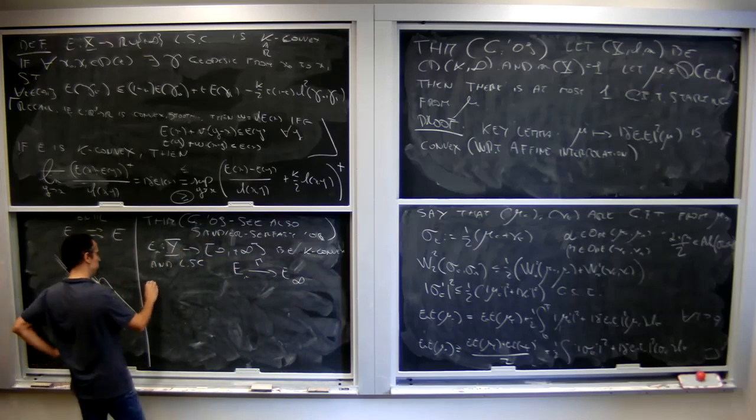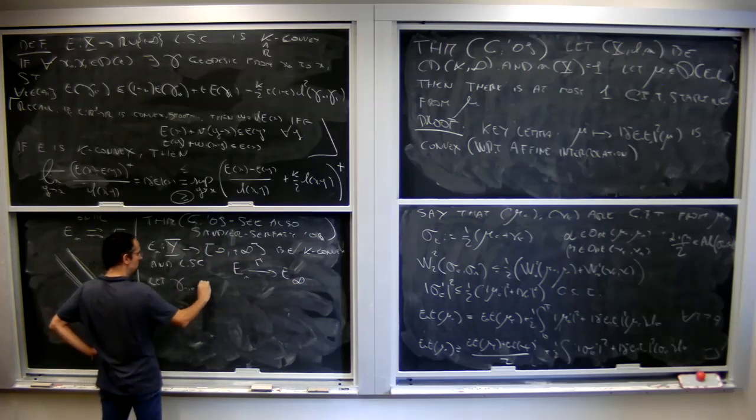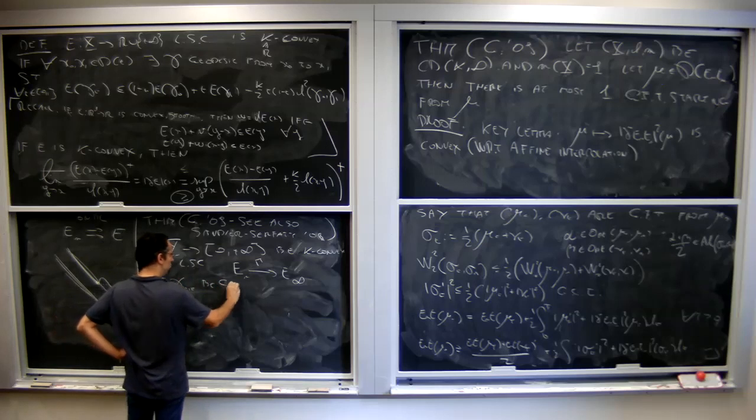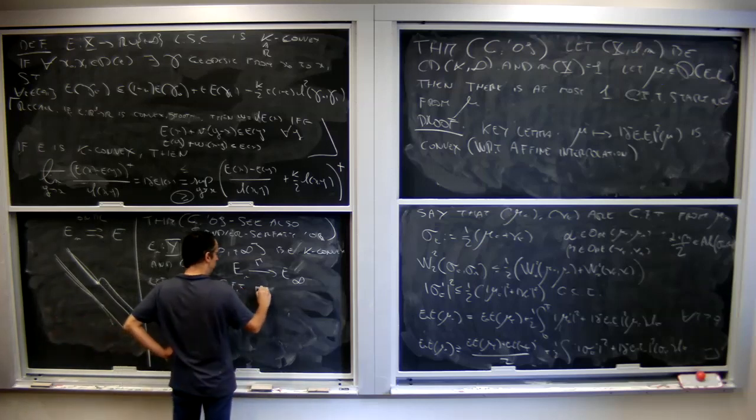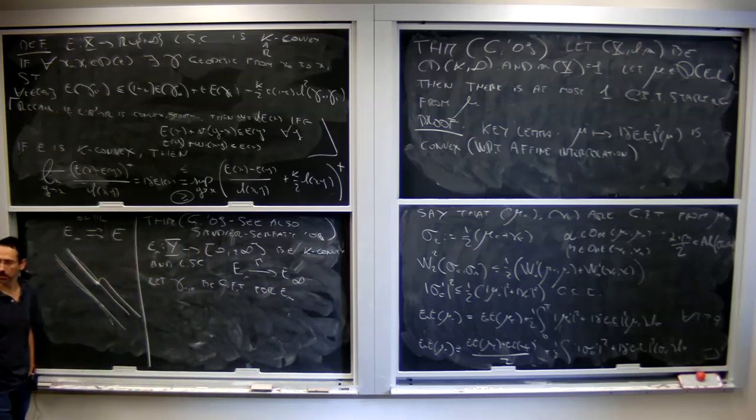Let gamma n of t be a gradient flow trajectory for En. Okay.